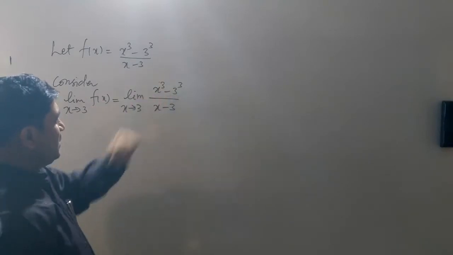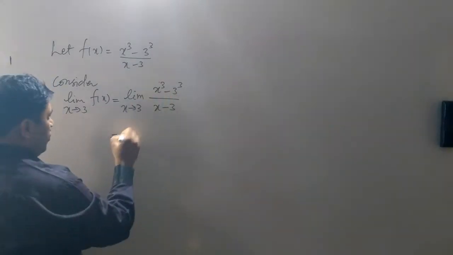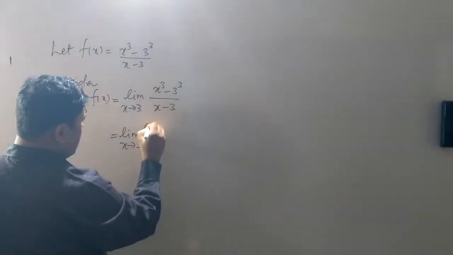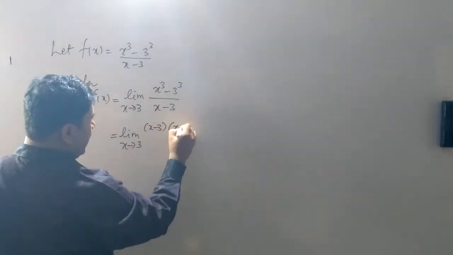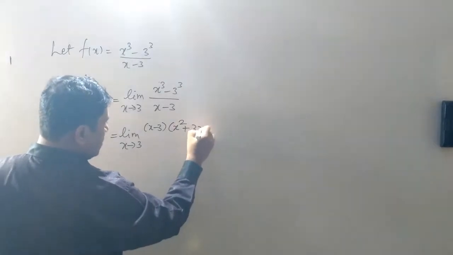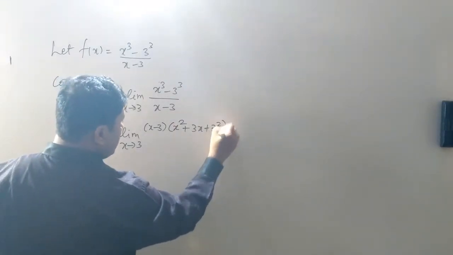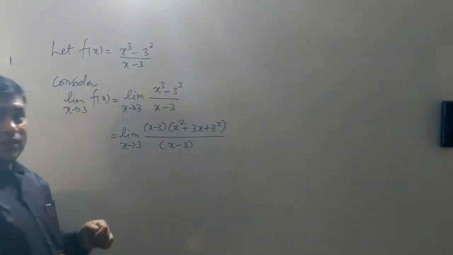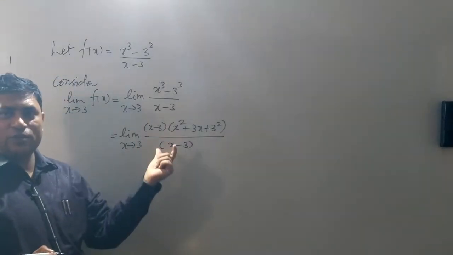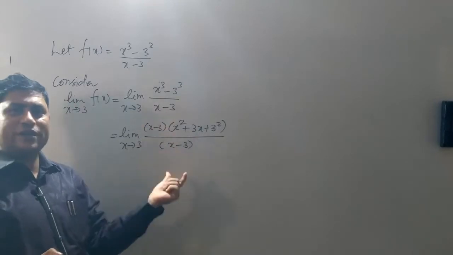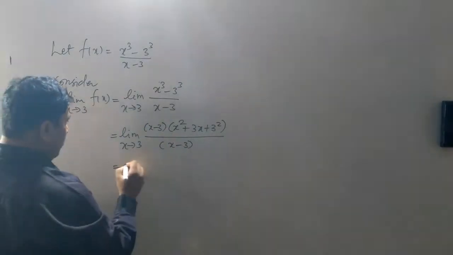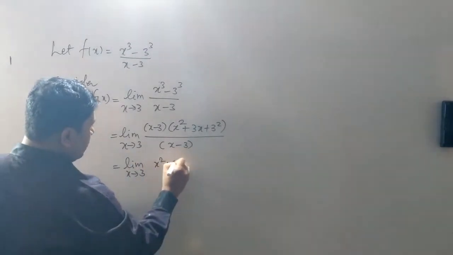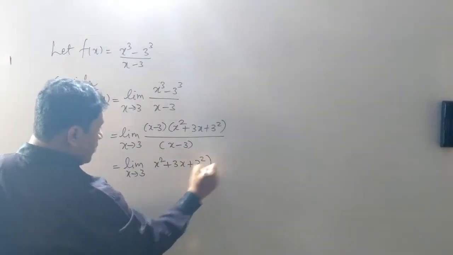But we can factorize this numerator, and we can have limit x tends to 3, x minus 3 into x square plus 3x plus 3 square, and here I have x minus 3. Now we have a common factor in numerator and denominator, so we can cancel this, and then we have limit x tends to 3 x square plus 3x plus 3 square.